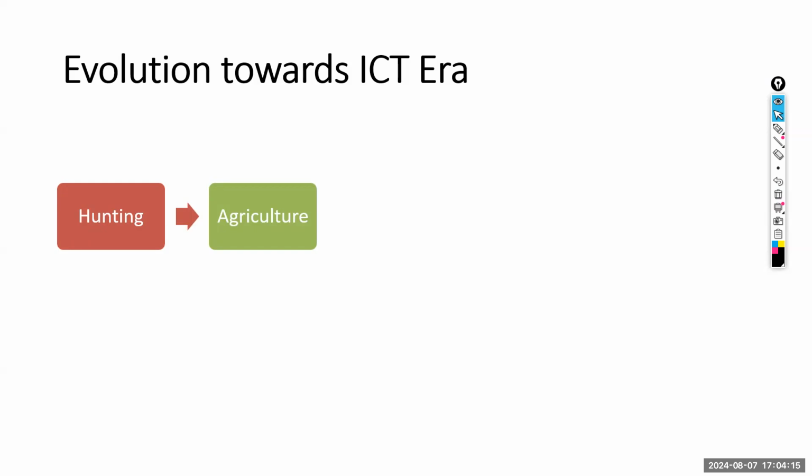People started cultivating things and settling. The concept of village and land ownership came in the agricultural era, about 10,000 years ago.